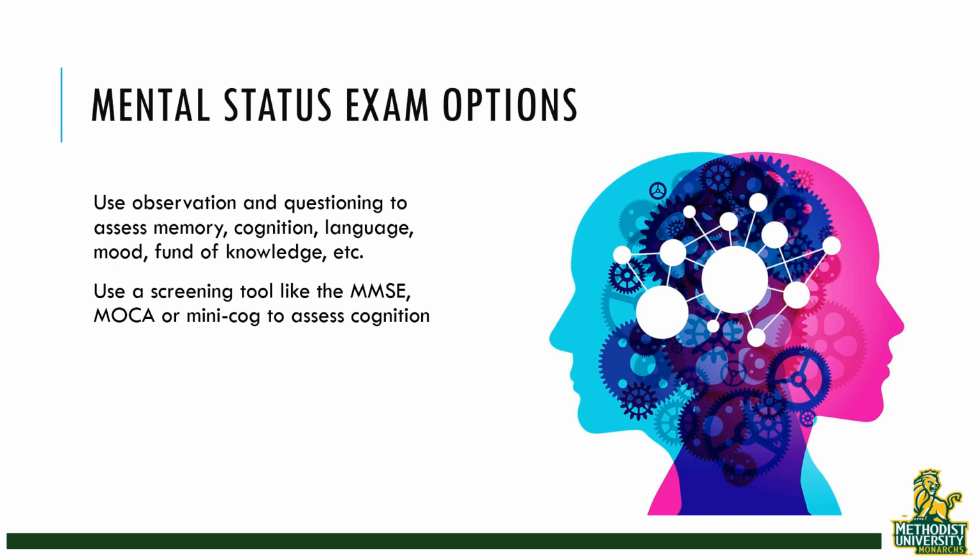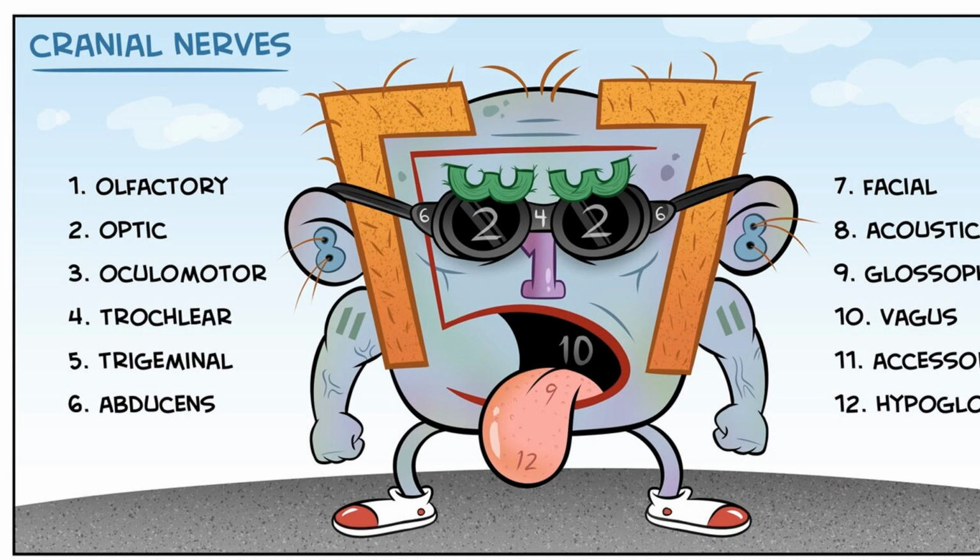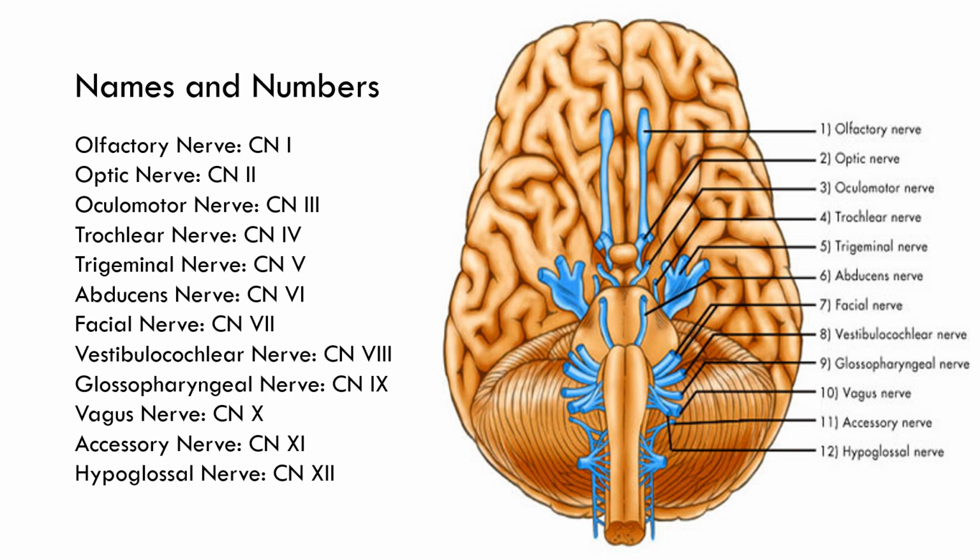After that initial assessment of mental status, we're going to move on to the cranial nerve exam, remembering a little bit about what we discussed in H&P1 and also in physiology, and last week in the lecture on neuroanatomy, that the cranial nerves originate largely from the brainstem, with the exception of the olfactory nerve, the optic nerve, and the accessory nerve.